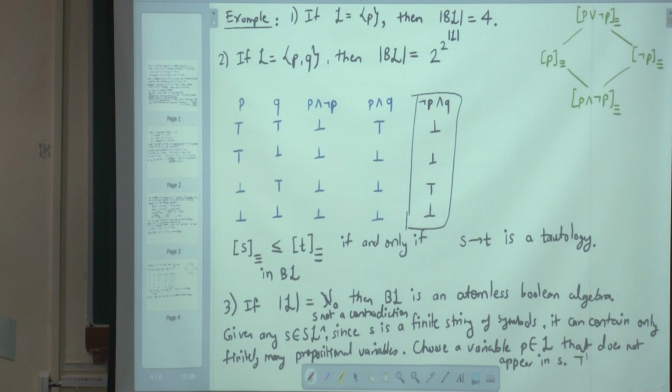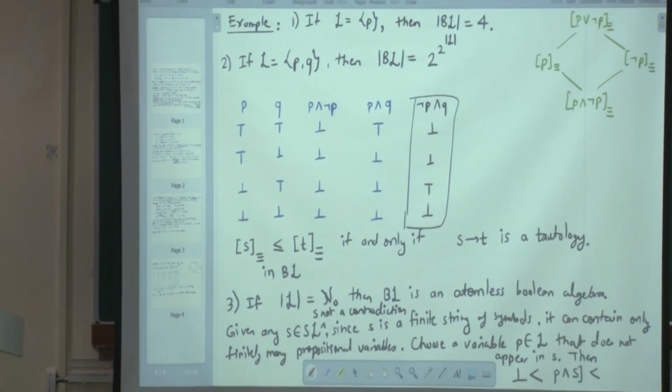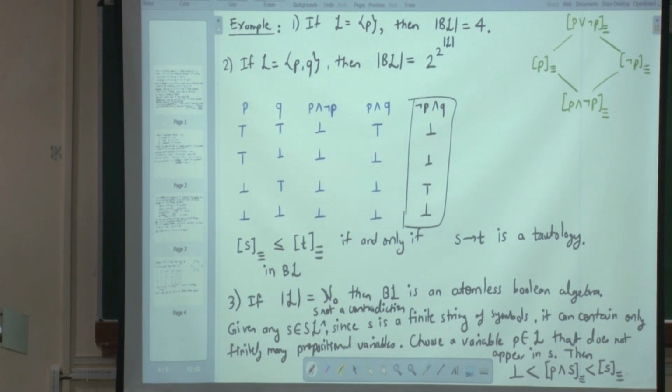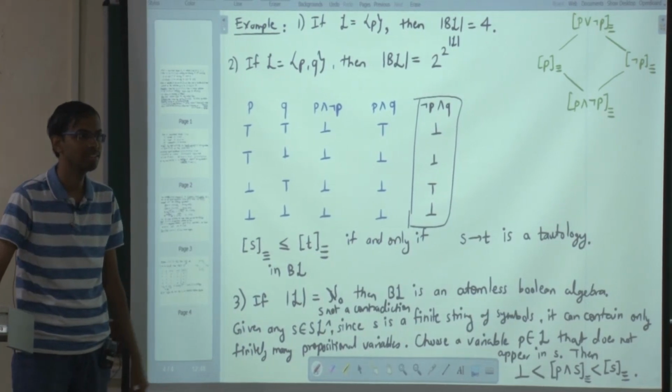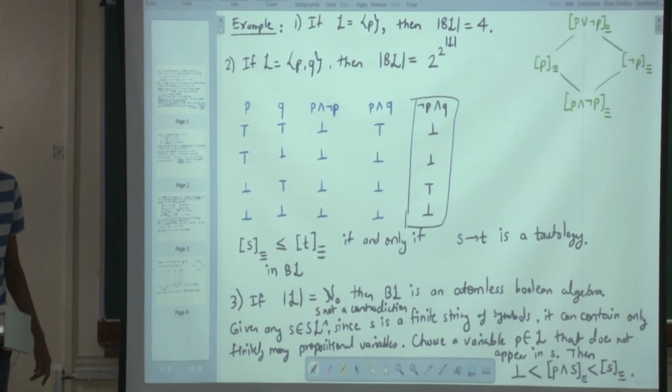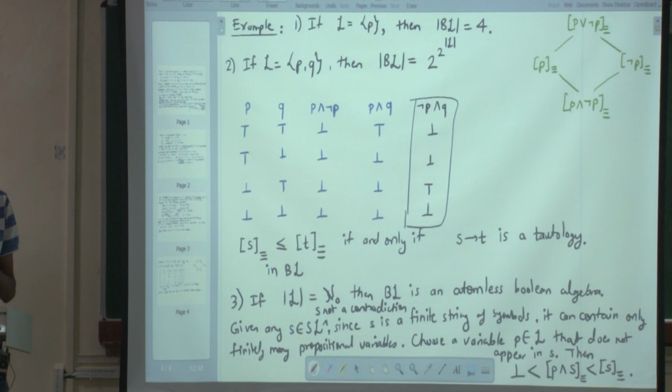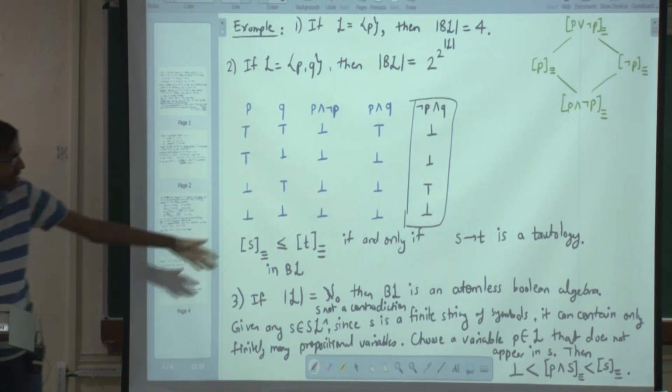Then we have this strict inequality: the logical equivalence class of S has a strict non-zero lower bound. Namely, I just take the conjunction with P.